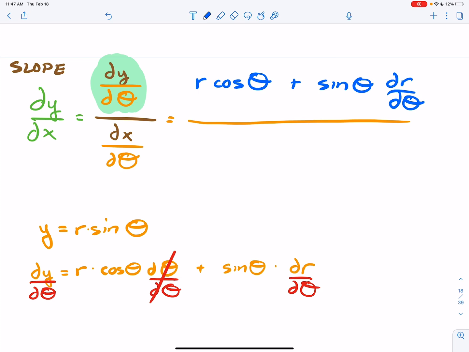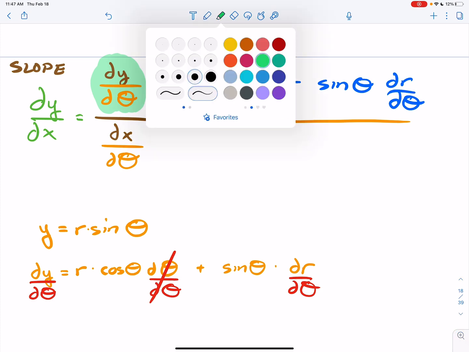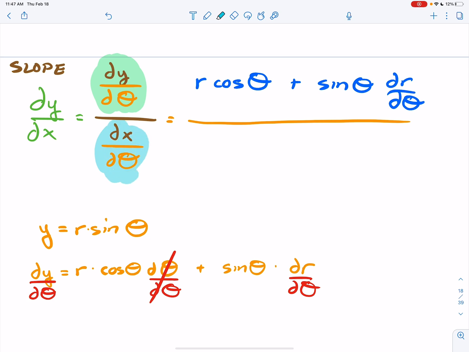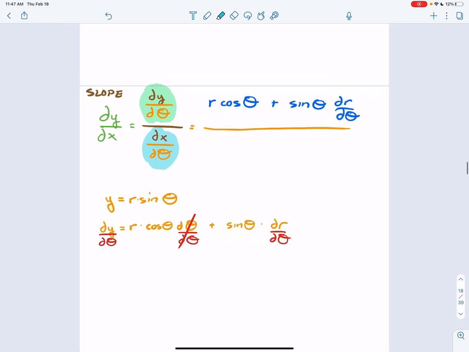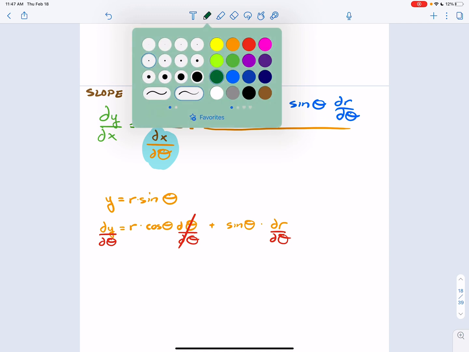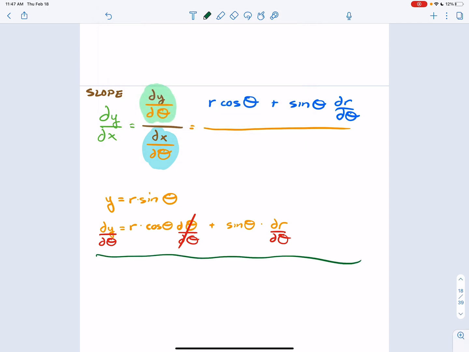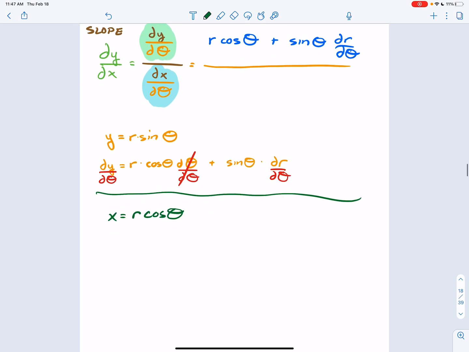Now let's take a look at the bottom, our dx d theta. I know from the previous part that x is equivalent to r cosine theta. I want you to pause here and figure out what dx d theta comes out to. So dx is equal to first times derivative of the second.